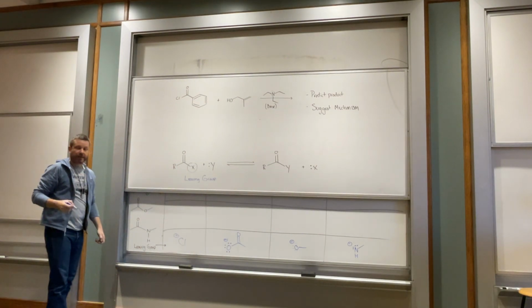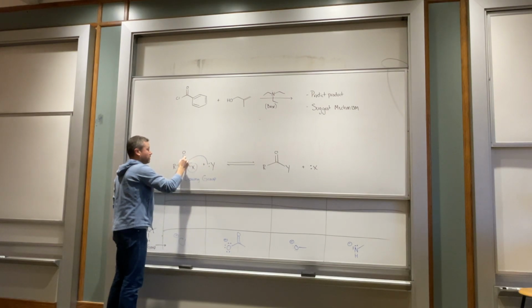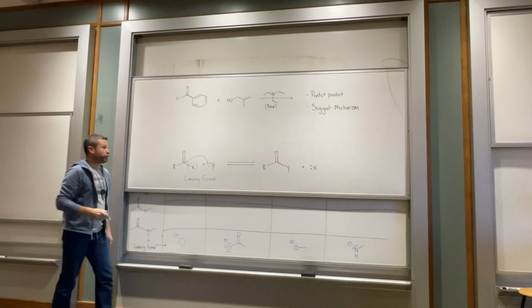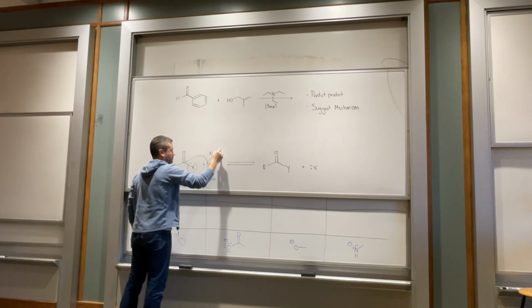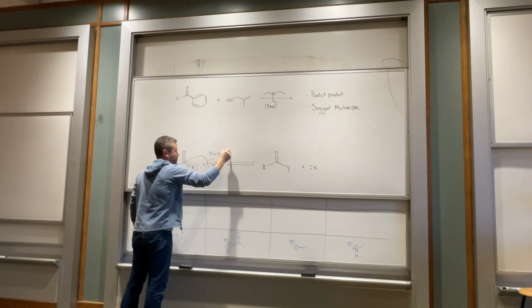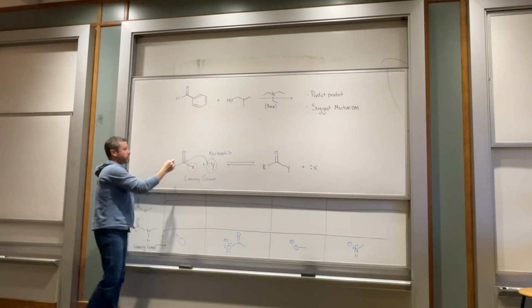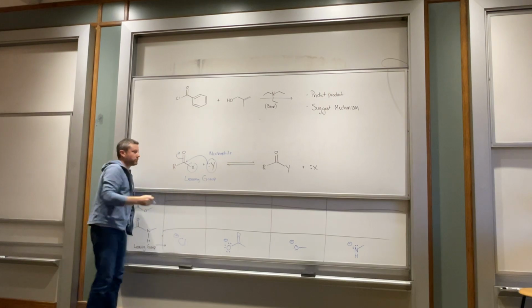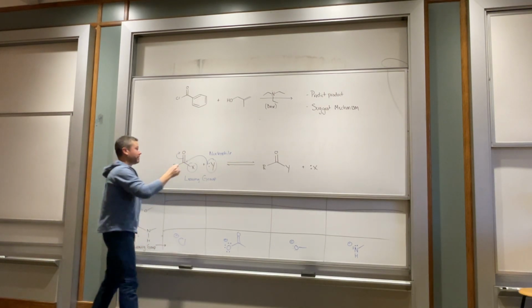So we looked at the general mechanism for these substitution reactions, and what's going to happen is that our nucleophile is represented by Y in this general scheme. Right? That's going to add to the carbonyl carbon. When it does that, rather than a direct substitution, we're going to add it, break the pi bond.